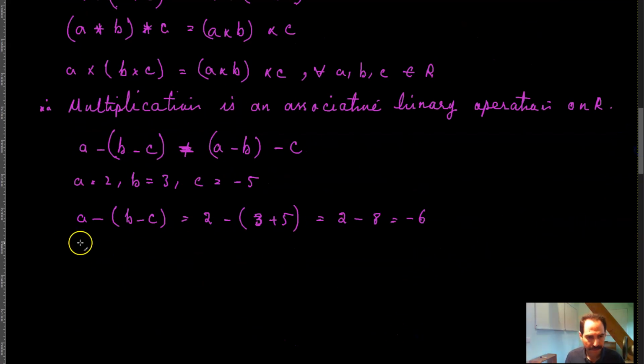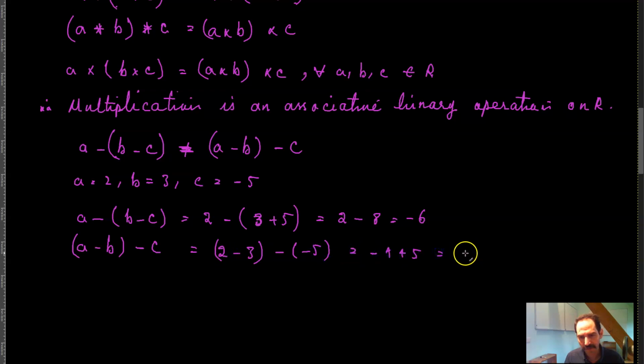And the other way, 2 minus 3 minus -5 is equal to negative 1 plus 5, which is equal to 4. So you can see that negative 6 is not the same thing as 4.